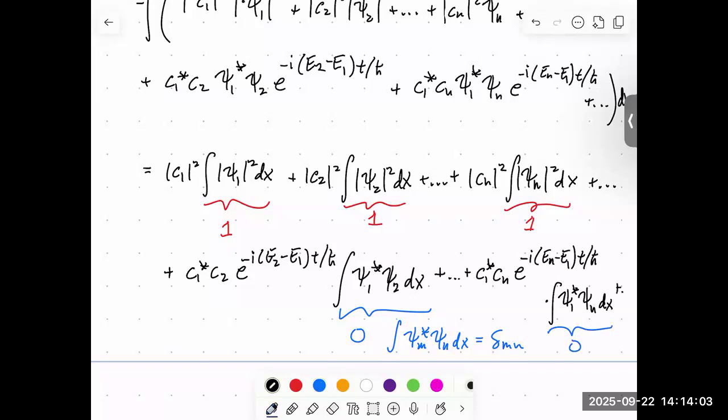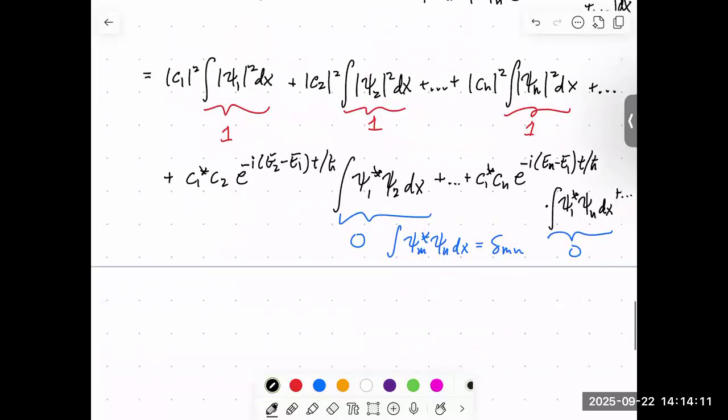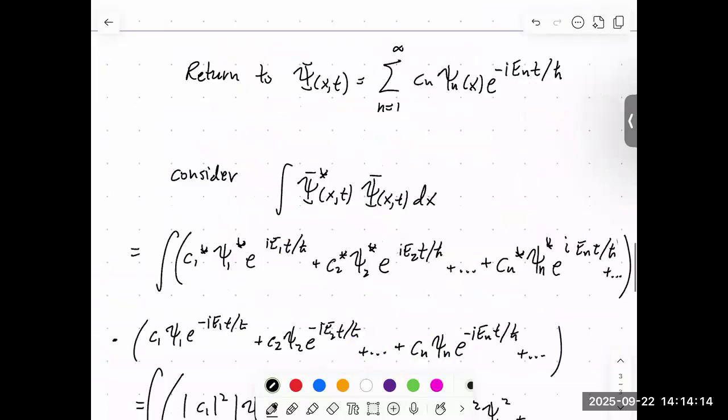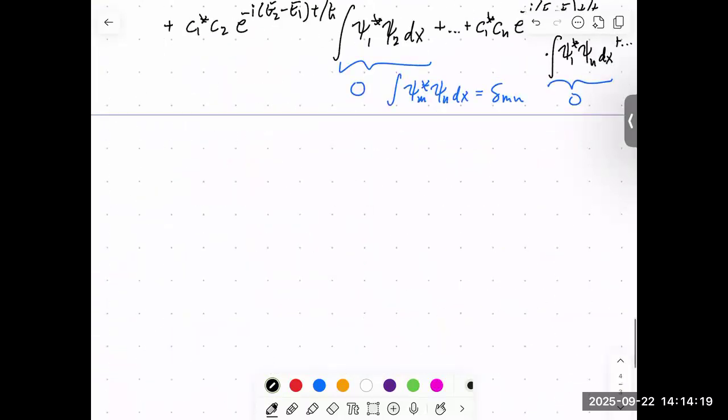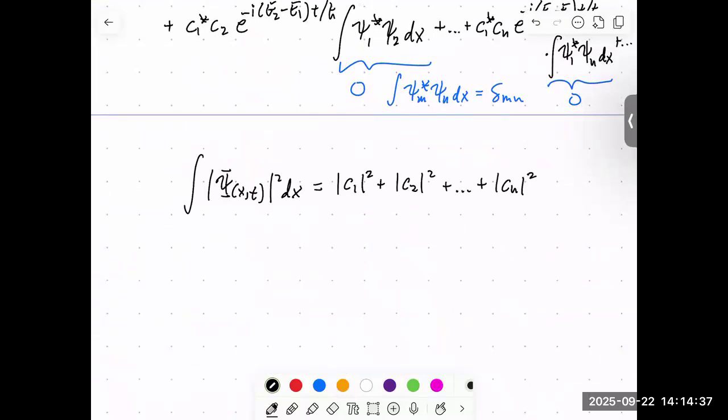There's going to be a whole bunch more cross terms that I'm not going to write down. They all vanish. And so we get this nice compact result where we started with this expression, which really is the integral of psi of x and t squared dx. And the only thing that survives is C1 squared plus C2 squared plus and so on up to Cn squared. And then there's more after that.